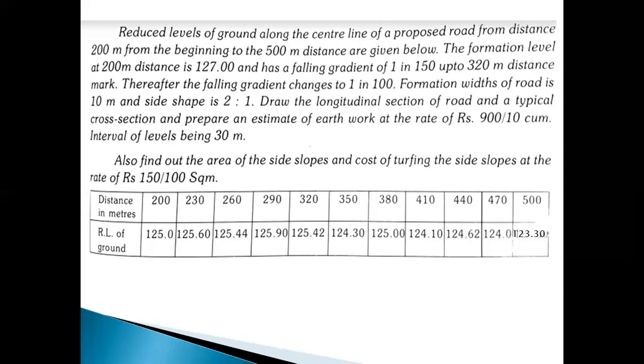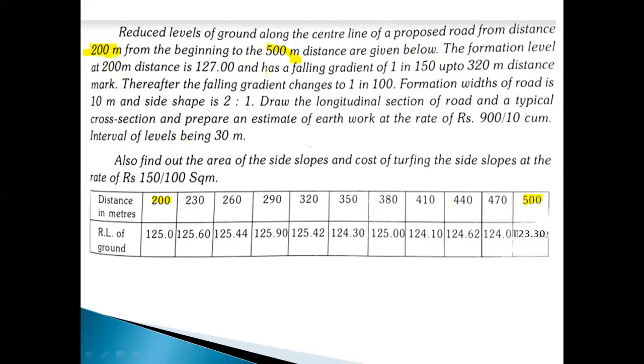So firstly write the problem. What is the given data? The center line of the proposed road is from a distance of 200 meters from the beginning to the end, that is, chainage 200 to 500 meters.